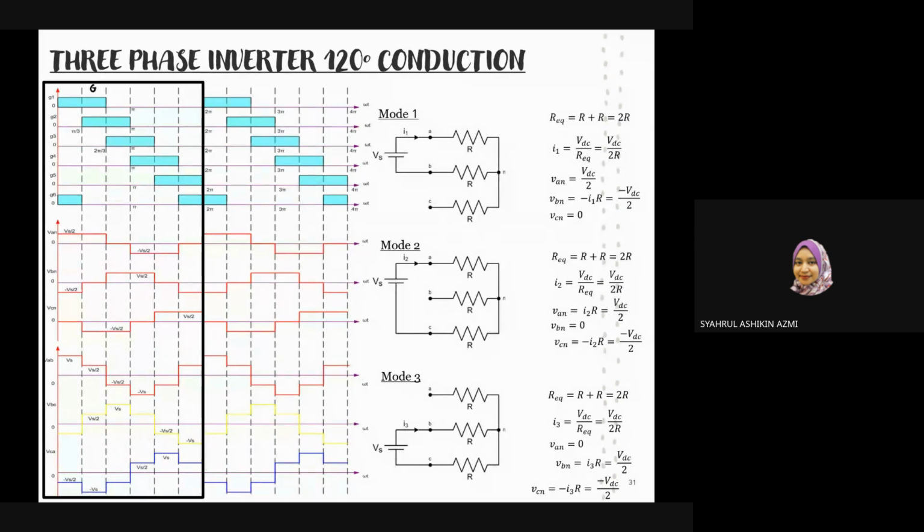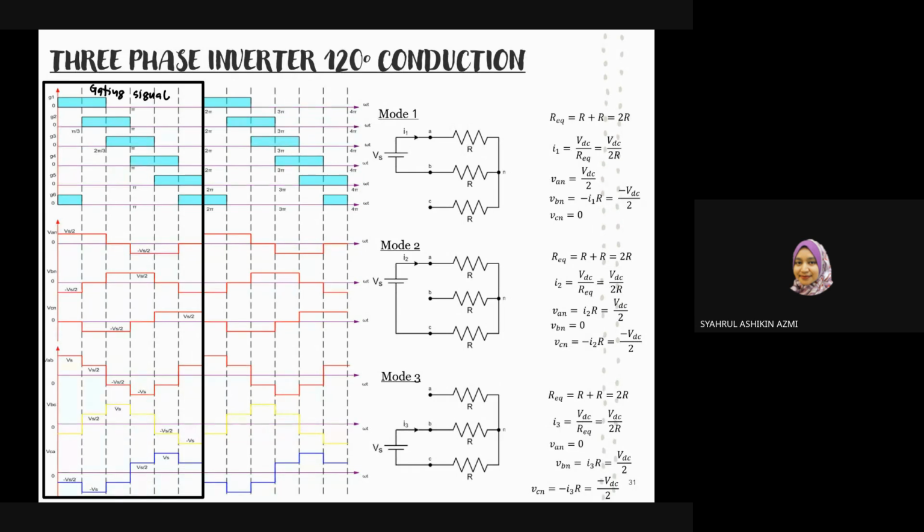The first one, I think you're already familiar with this gating waveform. We already constructed this gating waveform during the lab session, and we also proved that the theoretical waveform of your phase voltage and your line to line voltage using 180 and 120 are the same, which is correct according to the theory.